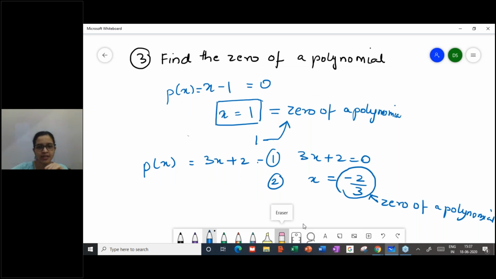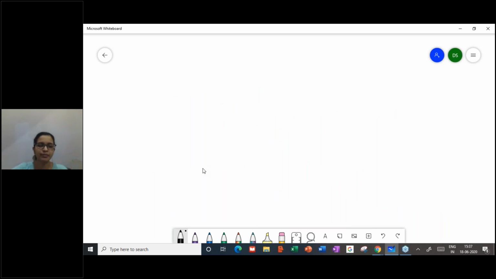So we finished the third type of question. These three types, which are identifying whether it's a polynomial or not, then identifying the degree and finding the zero, might come only for 1 or maximum 2 marks because they are very straightforward and pretty simple, right?